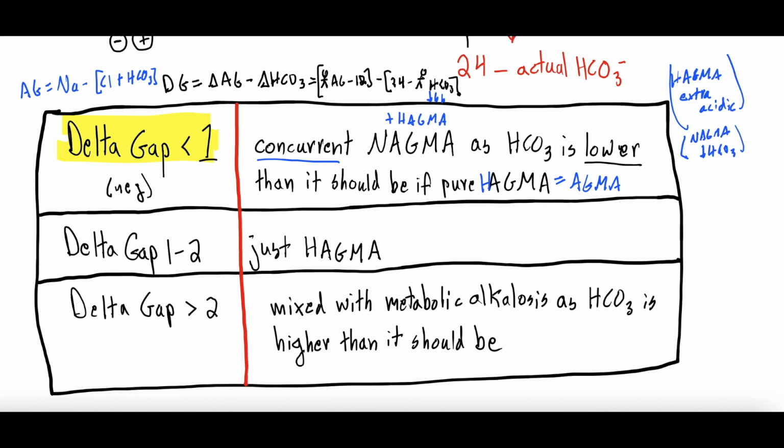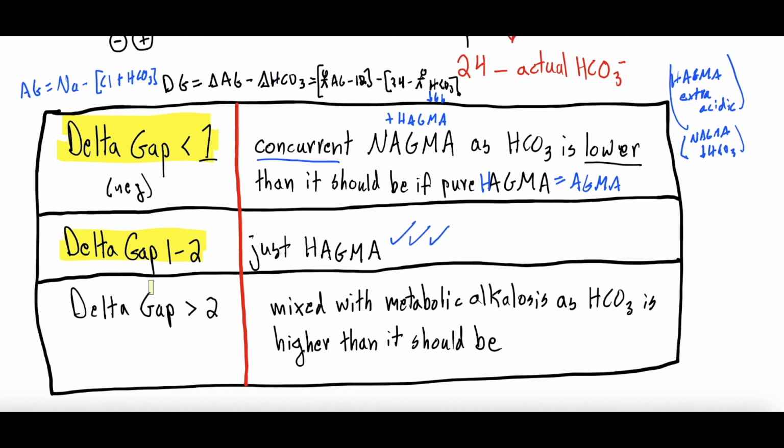All right? If the delta gap is 1 to 2, that is just a pure, simple, high anion gap metabolic acidosis. That is what the delta gap should be if the anion gap is explained by the change in bicarb, which is explained by the high anion gap metabolic acidosis.